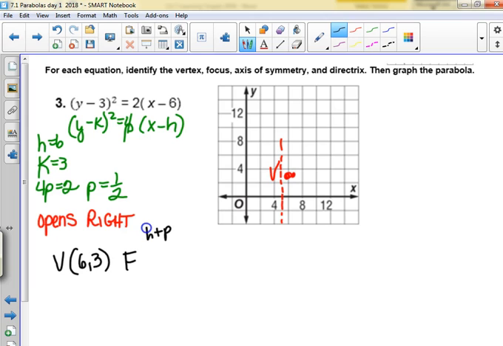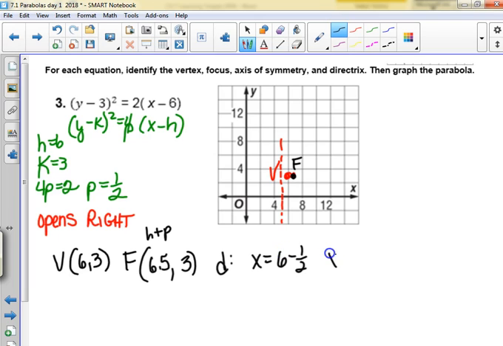The focus is H plus P, comma K. What's H plus P, guys? 6 plus a half. I'm going to be lazy and do a decimal, okay? Because it's exact. You're welcome to make it an improper fraction or even a mixed number. Comma K, which is 3. So if this line is 6, then 6.5, 3 is right up here, just barely inside. The directrix, it says, is x equals h minus p.